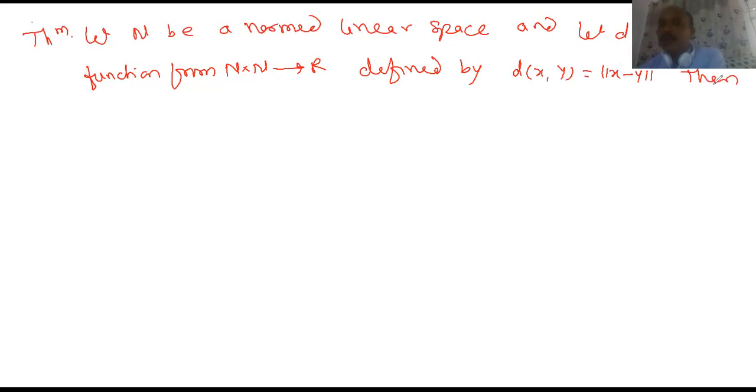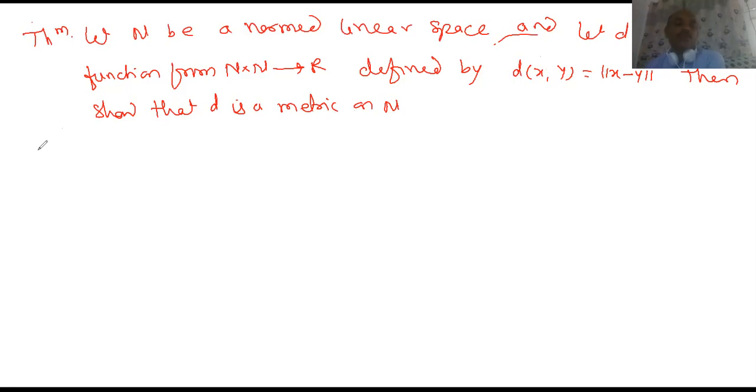Then show that d is a metric on N. That means this d is defined in terms of the norm, and we show that this d is a metric on N.